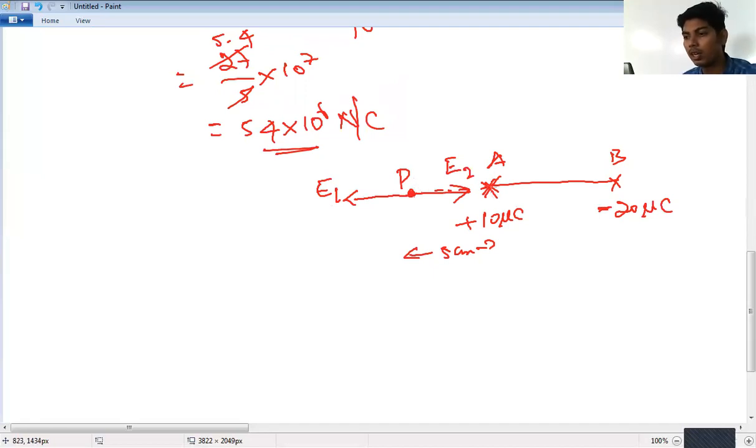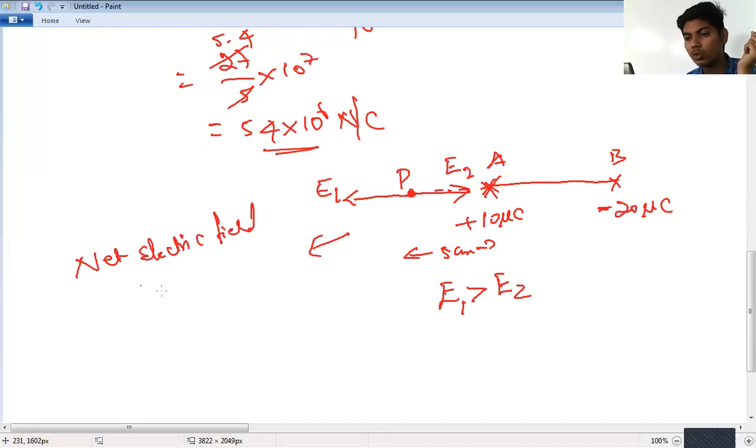That must be decided by you. See, charge at A is closer to P than charge at B. Correct? The charge which is closer to point P creates a greater electric field. So in this case E1 will be greater than E2. So in this case the net electric field becomes E is equal to E1 minus E2.